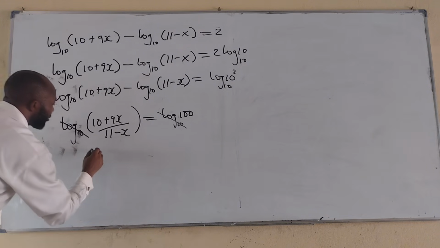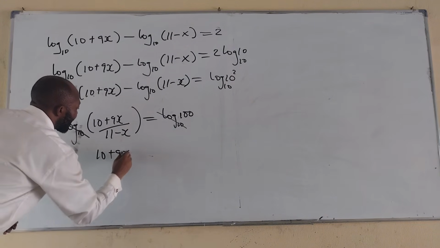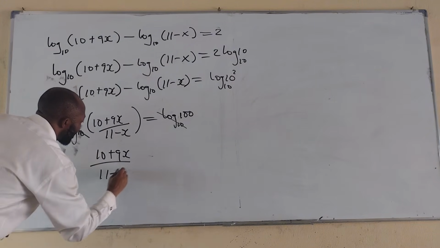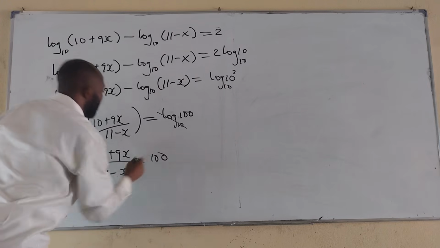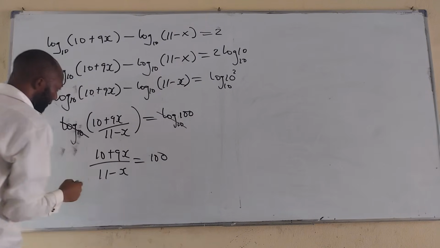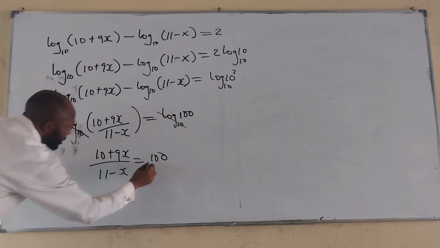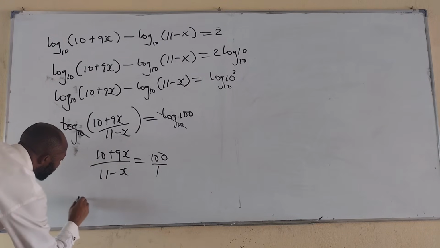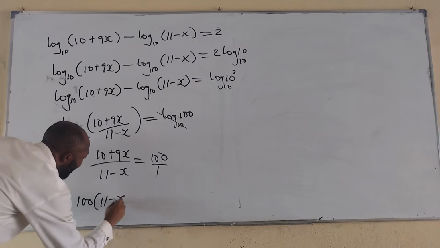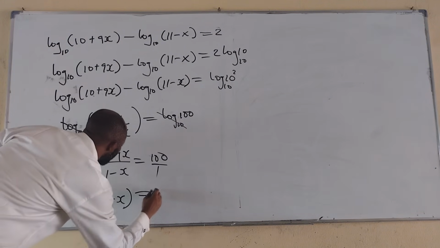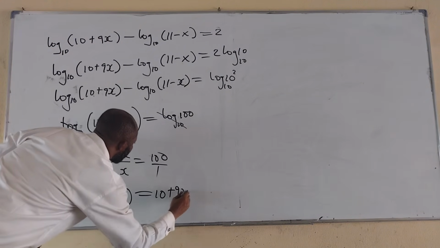So now I have 10 plus 9x over 11 minus x is equal to 100. I cross multiply. So I have 100 open bracket 11 minus x is equal to 10 plus 9x.